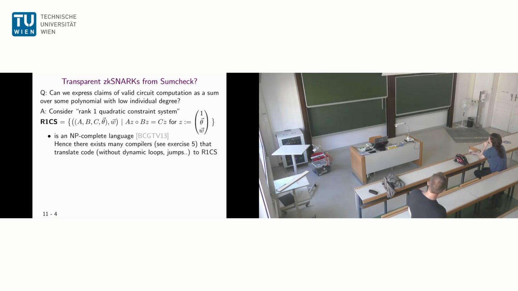Because you don't support dynamic looping and some conditional jump instruction and stuff. So basically, you have a programming language that can always be unrolled as a circuit. Not Turing complete, but I don't know what the term for that is. But I hope you remember this from the exercise.